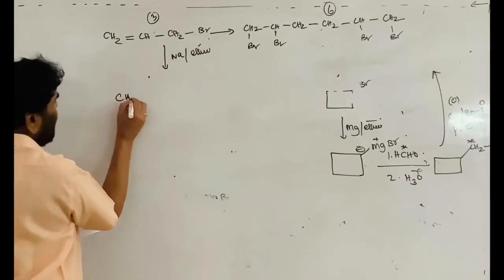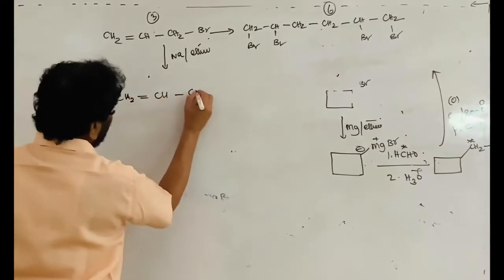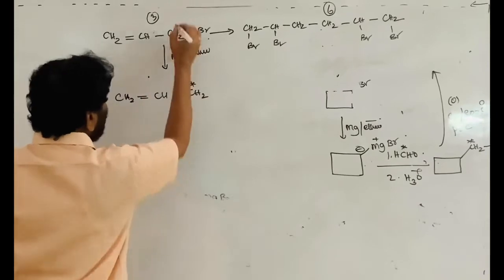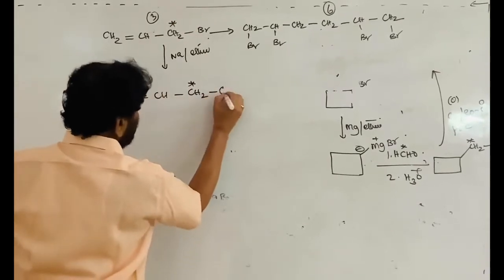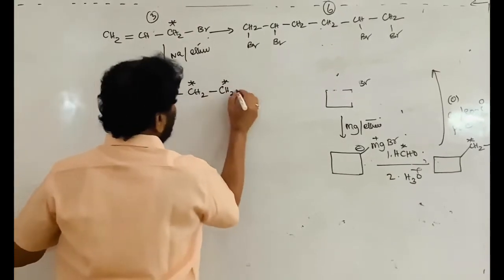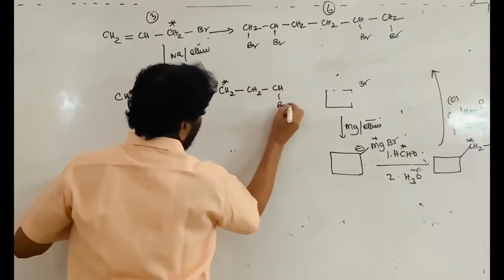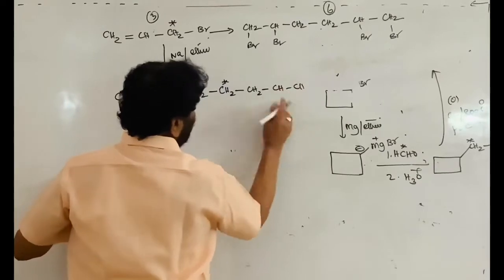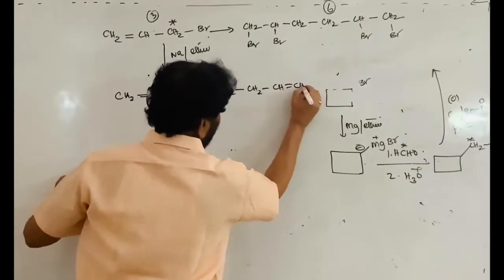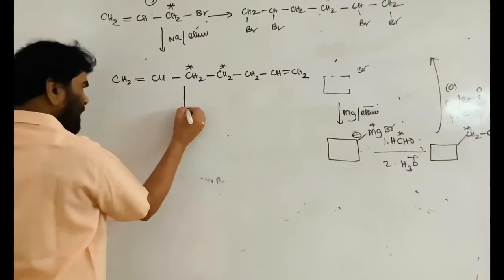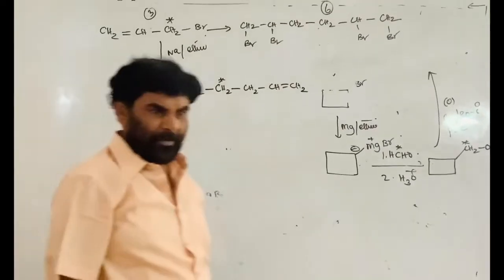This is the product formed. This is star. Let me put the star here. This is CH2 star. This is CH2, CHBr, CH double bond CH2. Now there are double bonds, just introducing the bromine group.